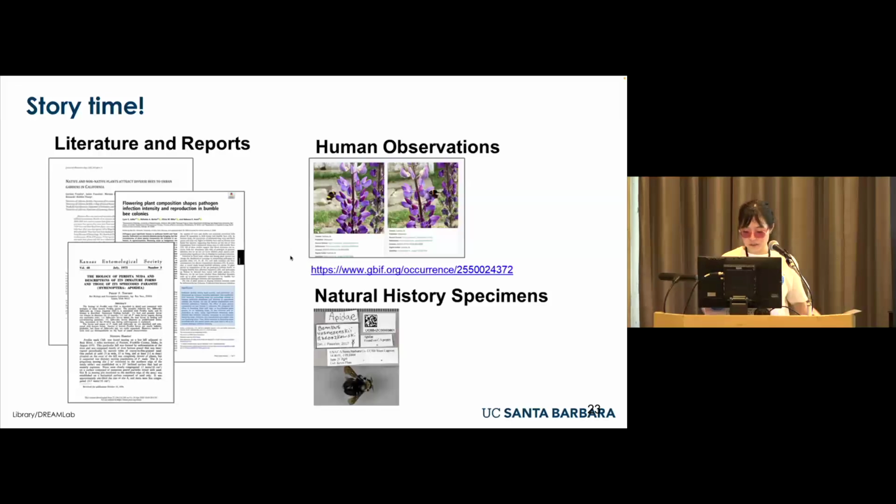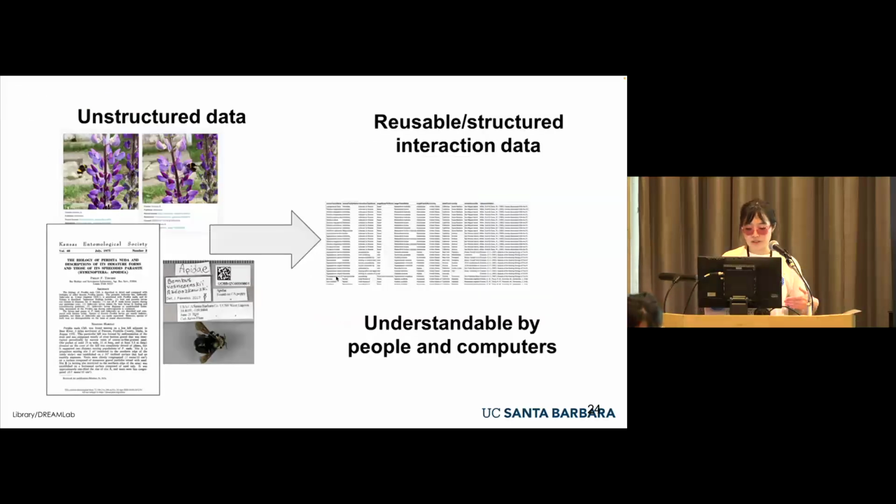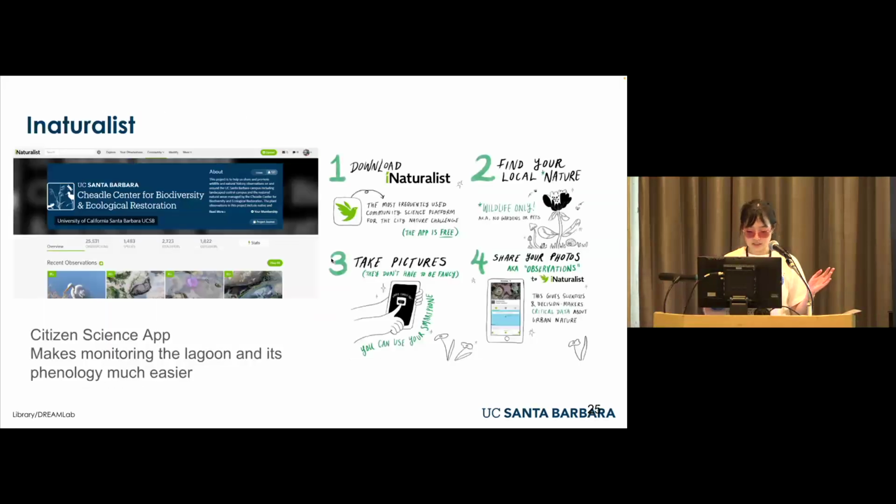So we're taking those human observations and also the natural history specimens, and taking that unstructured data and making it reusable, structured, and understandable by people and by computers. So it looks like this giant spreadsheet here. And so where do we get some of these?